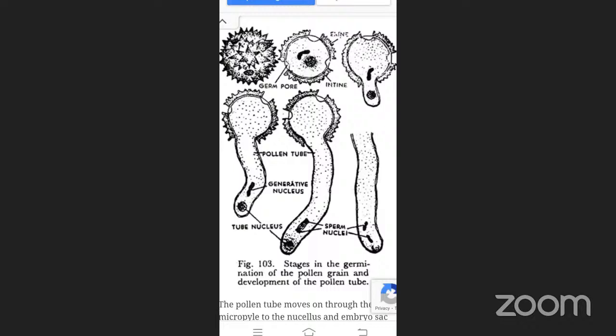Generally, 2 celled pollen are slow and 3 celled are faster. If the pollen grain has 2 cells, it is very slow. If it has 3 cells, it is very fast.